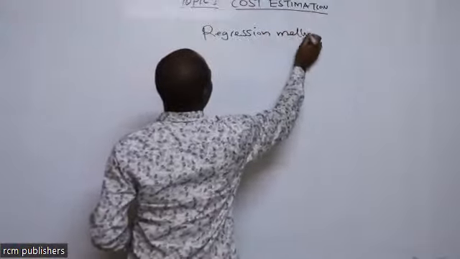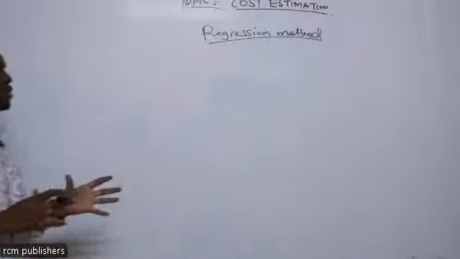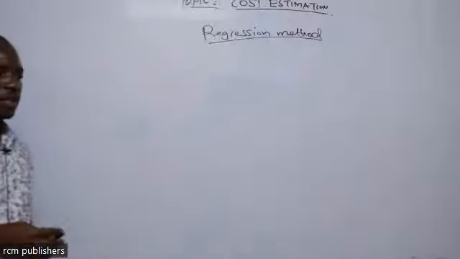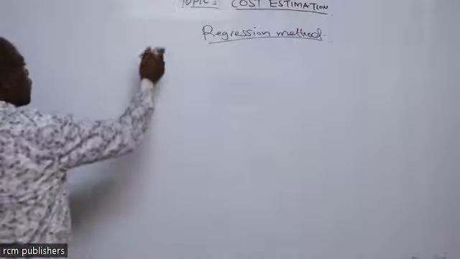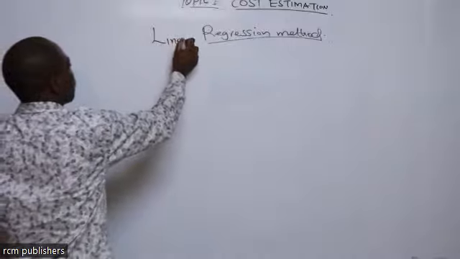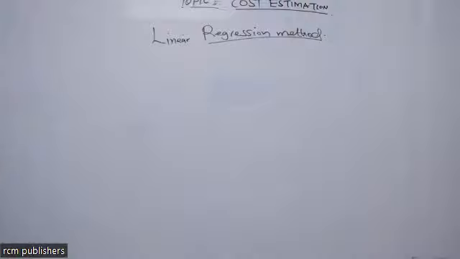Regression method, it will still put us within that bracket of identifying the value of Y and X. I think the regression method will be okay. So the linear regression method, we can call it linear, ordinary regression method. Ordinary regression method is also another name of that.